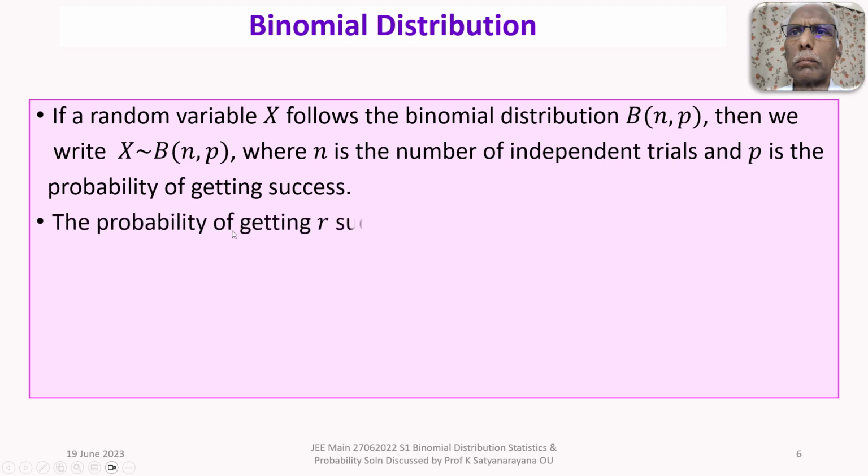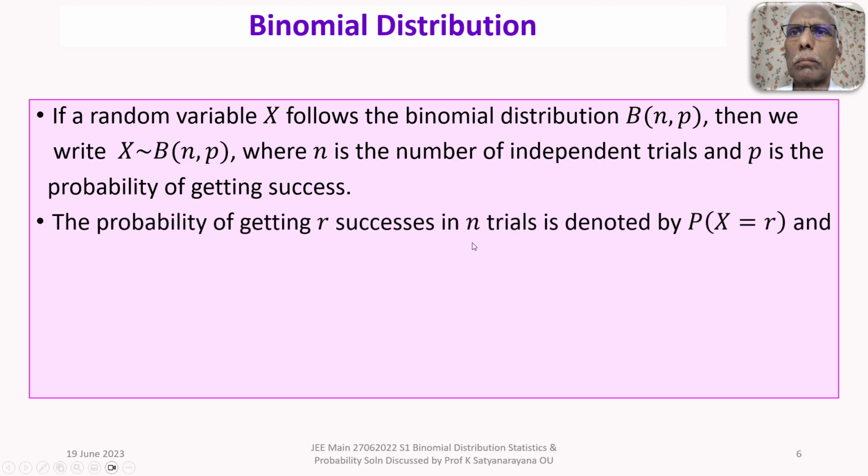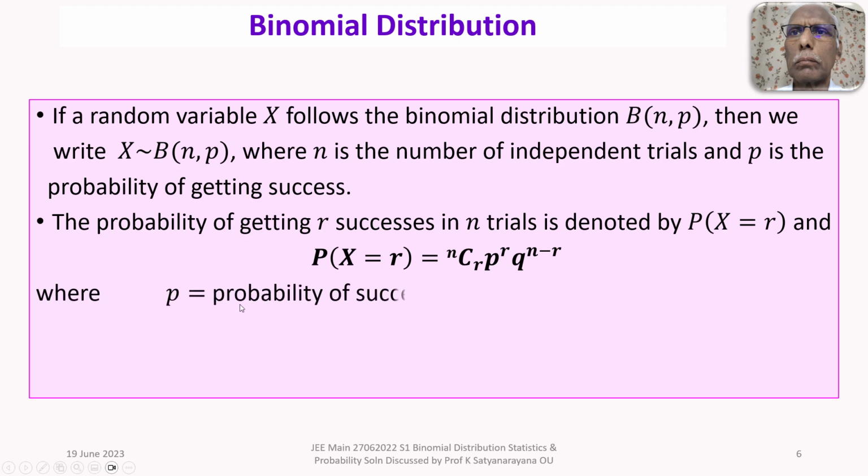And the probability of getting r successes in n trials is denoted by probability of X equal to r, and it is given by nCr into p power r into q power n minus r, where p is the probability of success and q is the probability of failure, and p plus q is equal to 1.